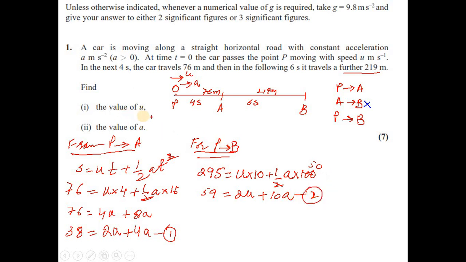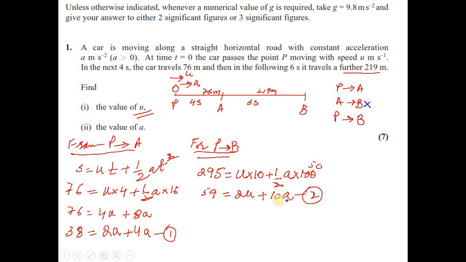For part 1 we need to find u. That means we need to get rid of a from these two equations. You can use the elimination method or the substitution method, whichever suits you. You need to solve these two simultaneously to find the value of u. I'm thinking to get rid of a first.